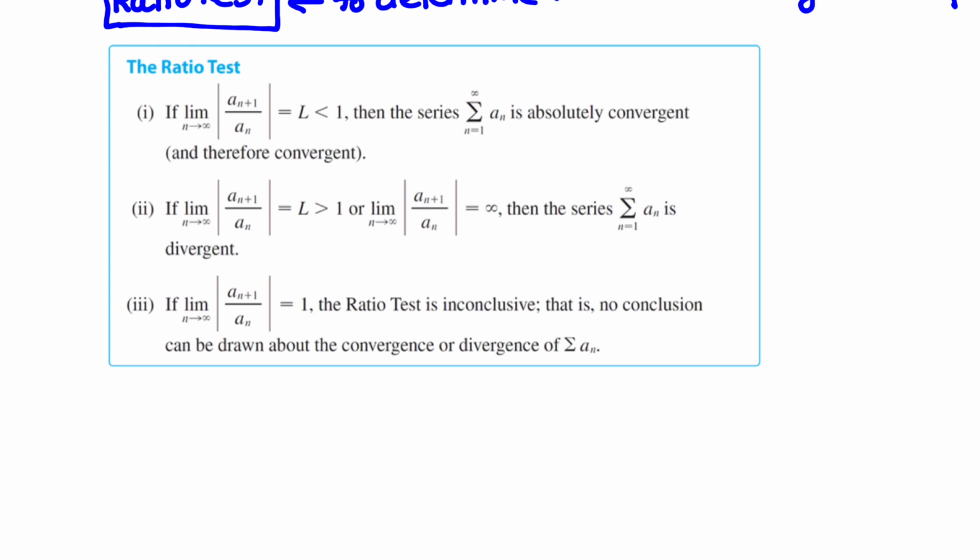If that limit is bigger than 1, including infinity, it means that our series diverges. And if that limit equals 1, it's inconclusive. It means we need to test another way.